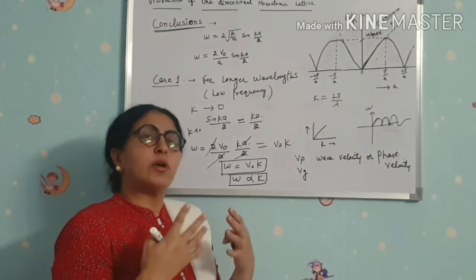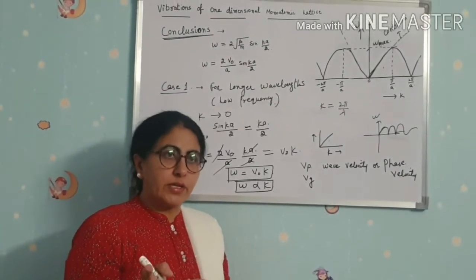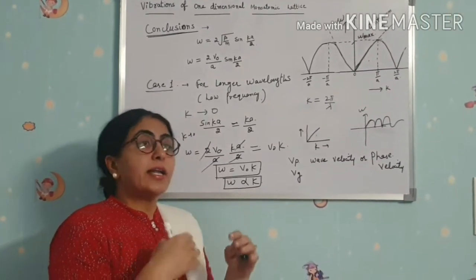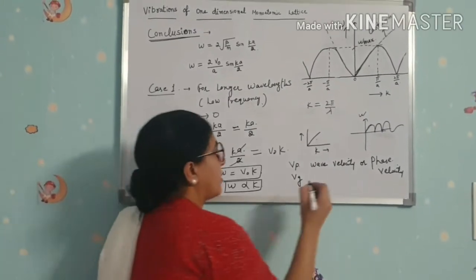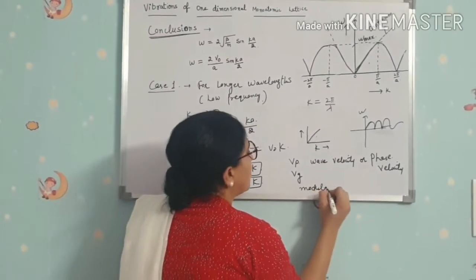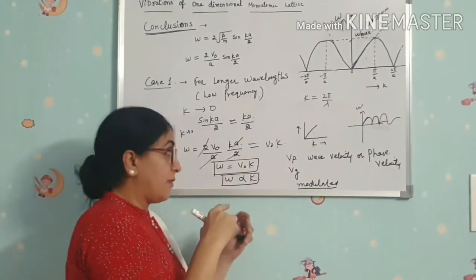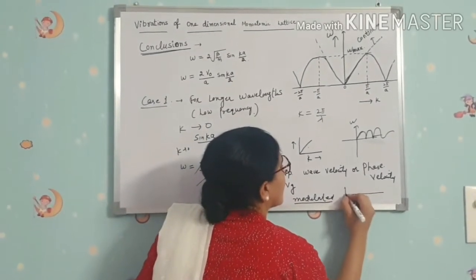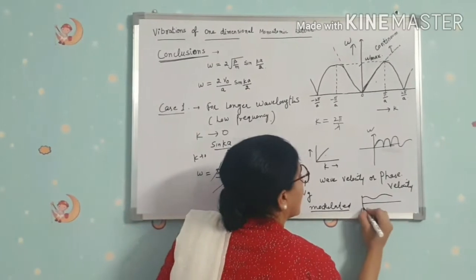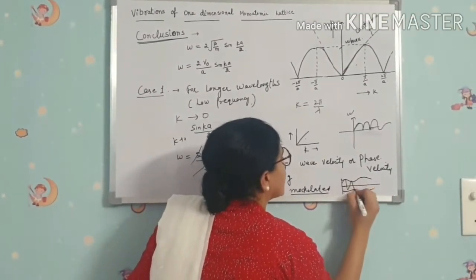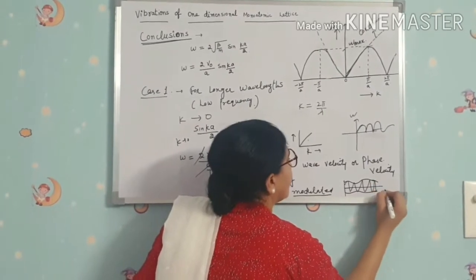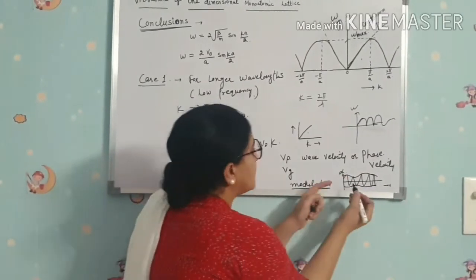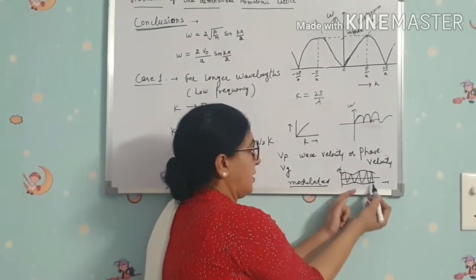Wave packet means suppose there are two waves having different frequency. If two waves are superimposed on each other, then a modulated wave is formed. If this is a modulated wave, with time here and the displacement or amplitude here, the graph is like this.